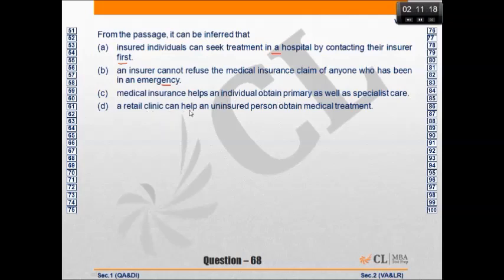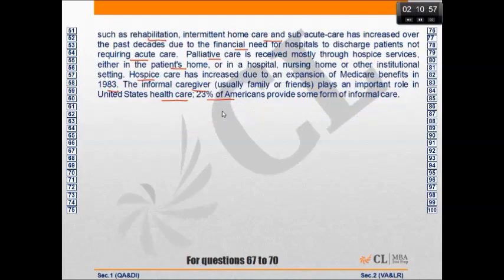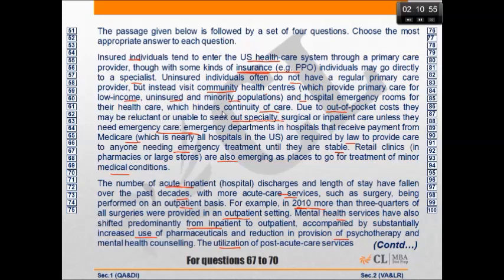A retail clinic can help an uninsured person obtain medical treatment. 68. Insured individuals can seek treatment in a hospital by contacting their insurer first. I'm not sure. Let me quickly go through this.